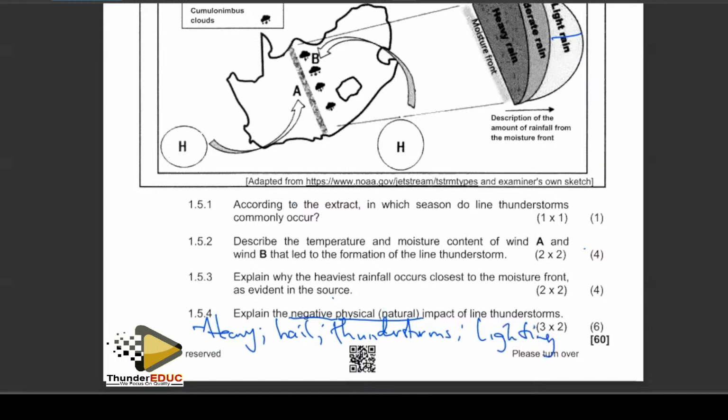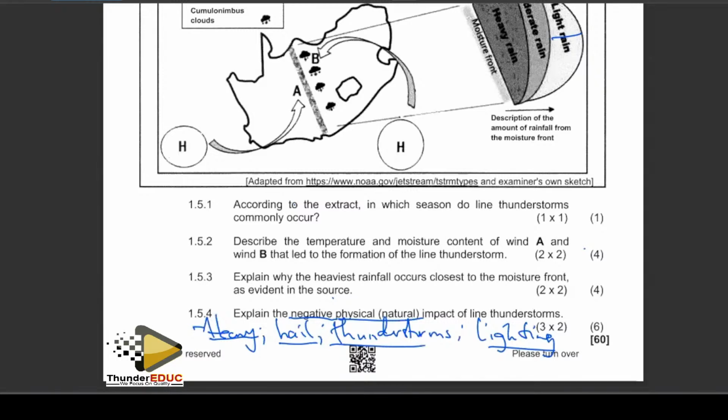So if you pick on those weather elements and try to relate them to the natural environment, you will be able to answer the question. If you know the typical elements associated with line thunderstorms, then you try and relate them to how they negatively impact the natural environment.